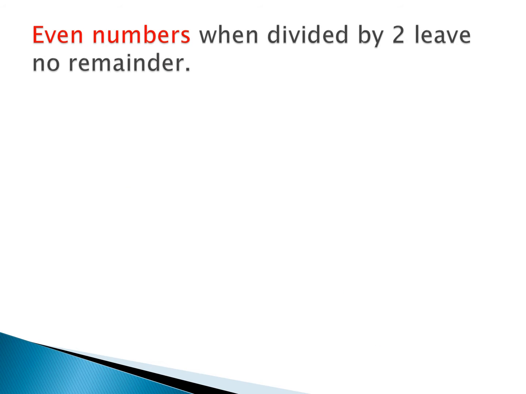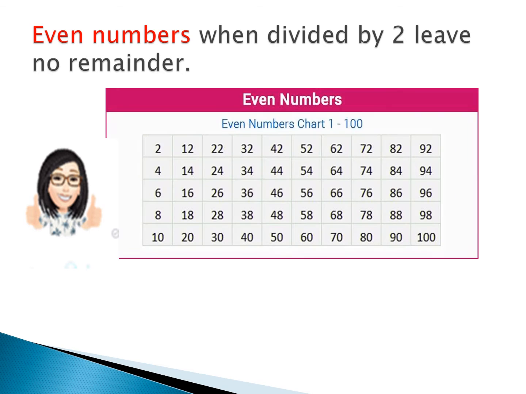Even numbers, when divided by 2, leave no remainder. Study the given table. Even numbers chart 1 to 100. So it starts from 2.